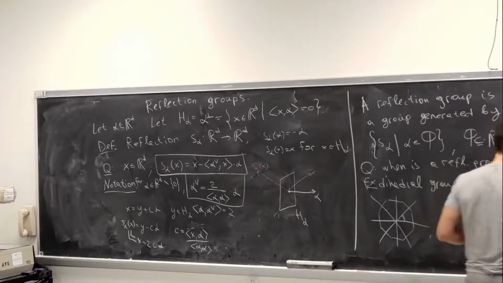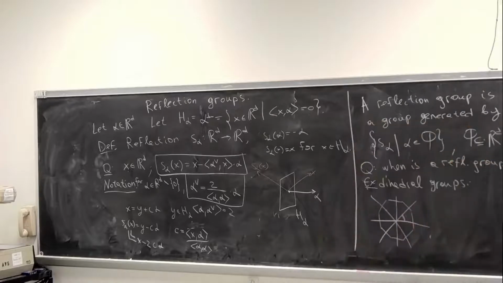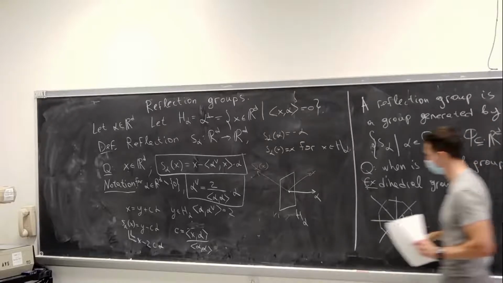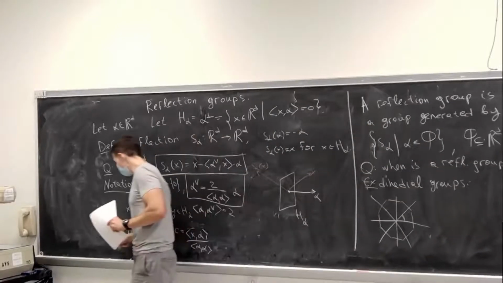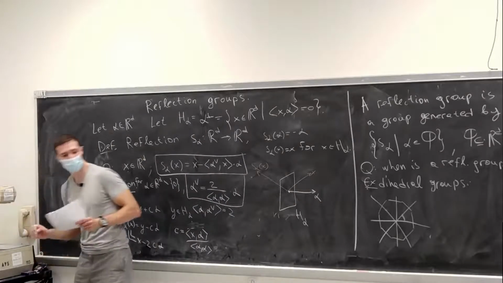Yeah. So somehow these reflection groups, there are not too many of them. If you think about it, there's only a finite number of families you can come up with. And they are nicely classified by root systems.